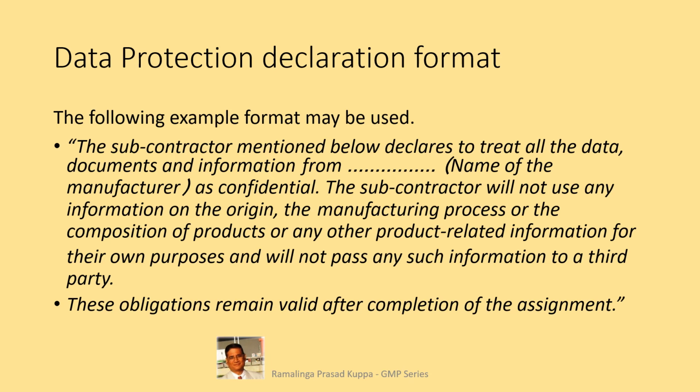The subcontractor will not use any information on the origin, the manufacturing process, or the composition of products or any other product related information for their own purposes and will not pass any such information to a third party. These obligations remain valid after completion of the assignment.